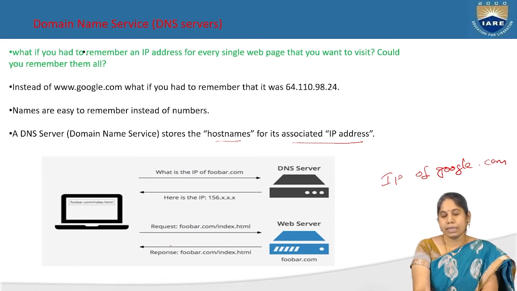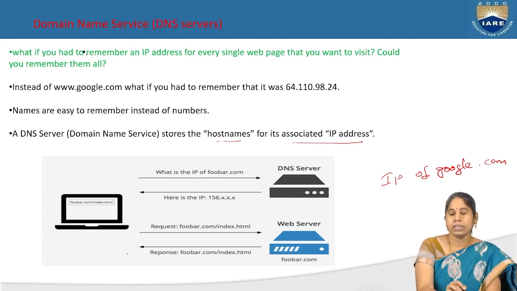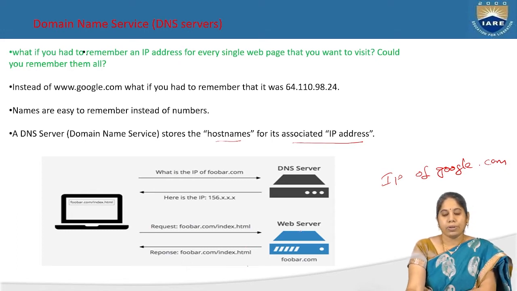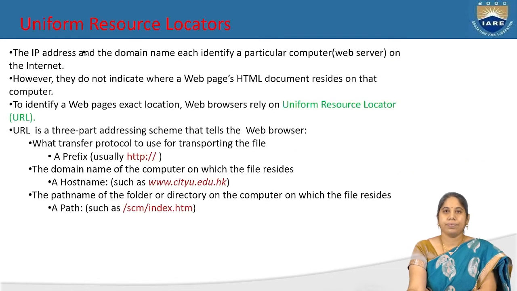So whenever the client or user types google.com, then by default the index.html page is processed on the server and rendered back to the client machine as the user's response, like footbar.com/index.html. So the domain name server stores the host names for their associated IP addresses.